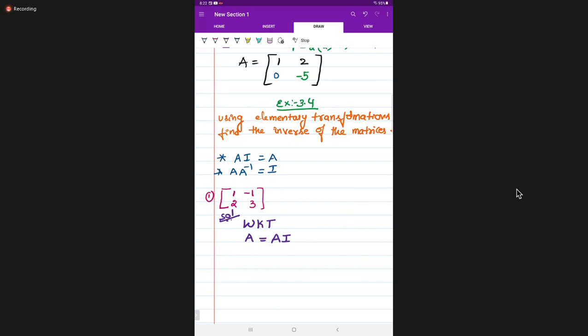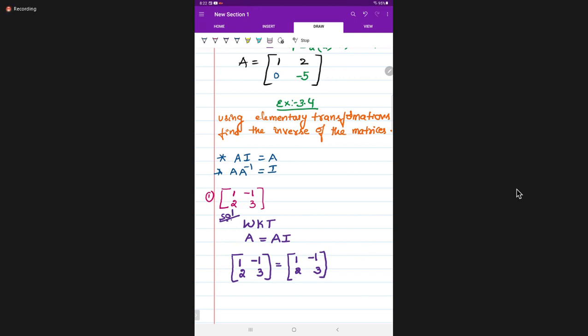Now, in place of A, the given matrix, what is the given matrix? 1, minus 1, 2, 3. So here also the same matrix 1, minus 1, 2, 3. Any doubt?